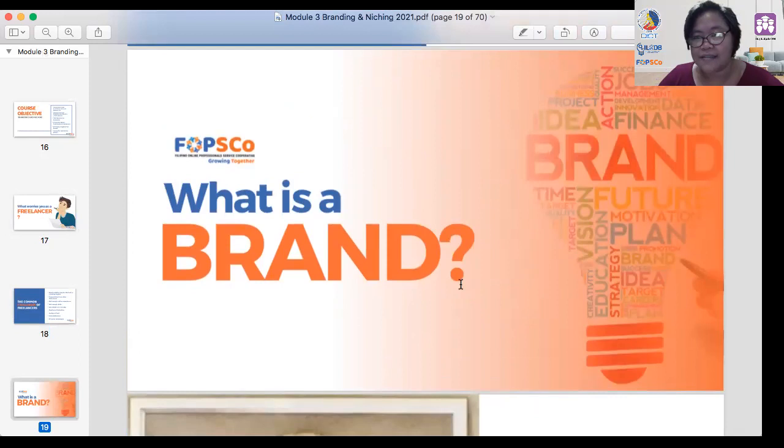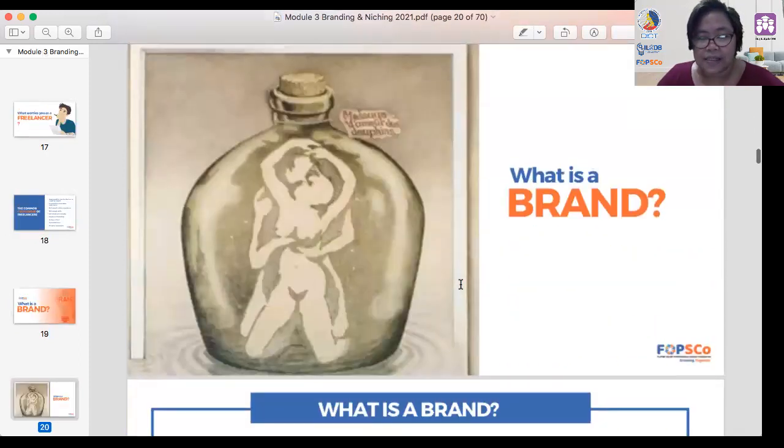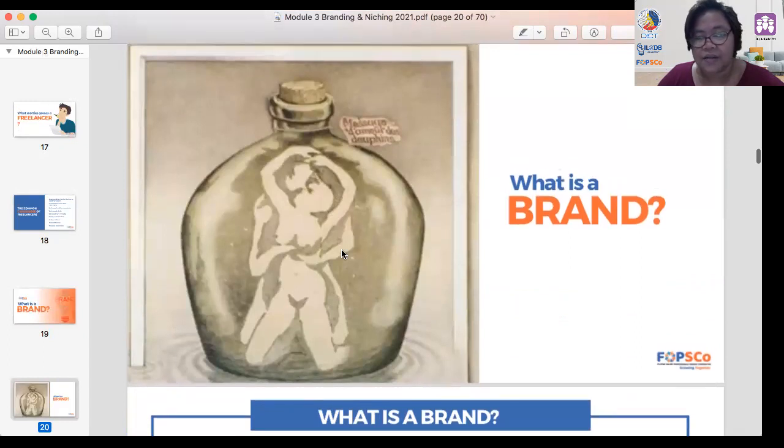What is a brand? Okay, let me just see. What can you see in this bottle? How you interpret this bottle would really depend on what kind of persona you are, how you perceive things, right?